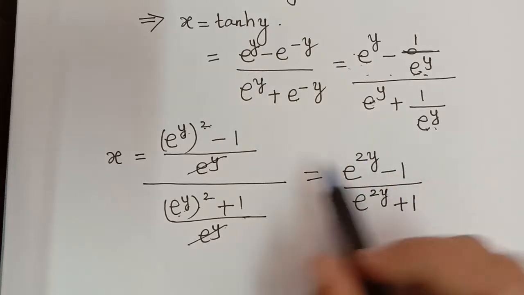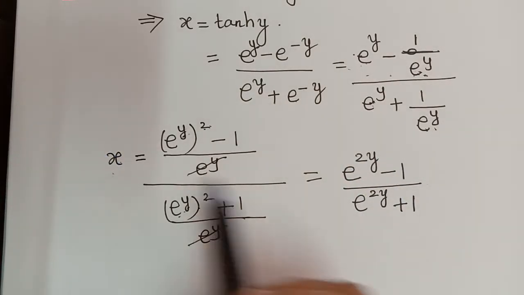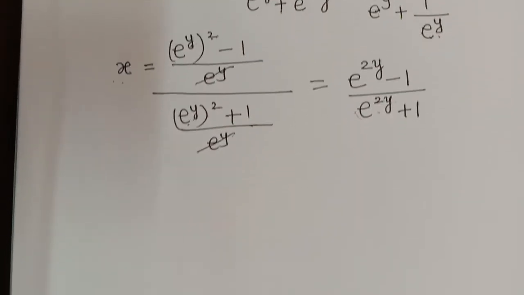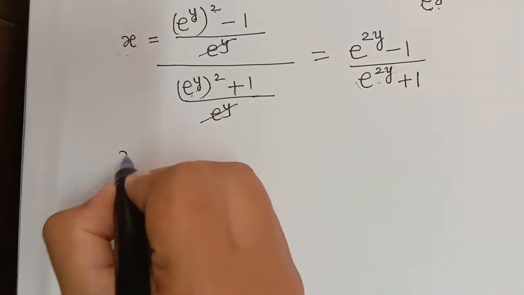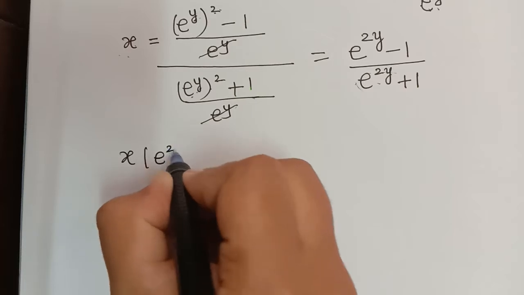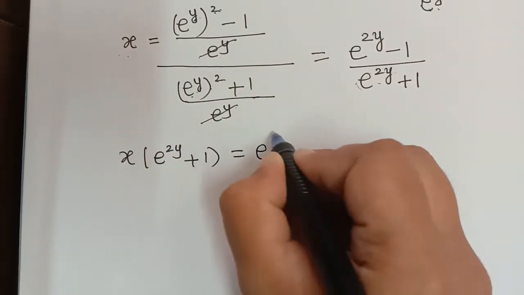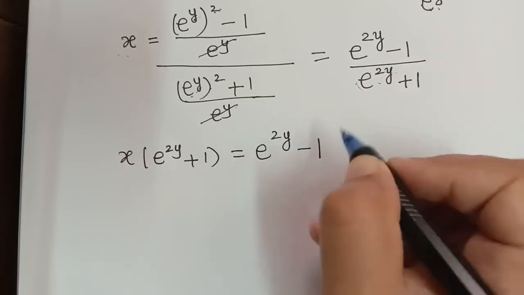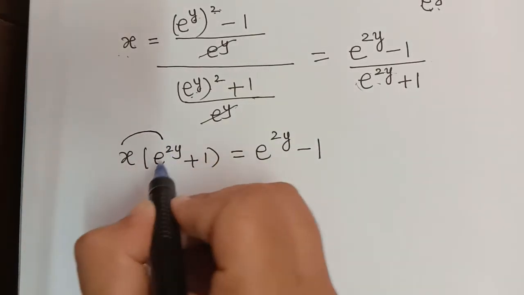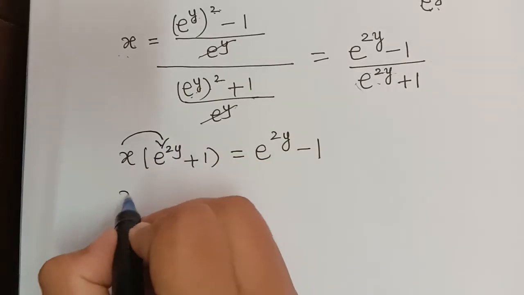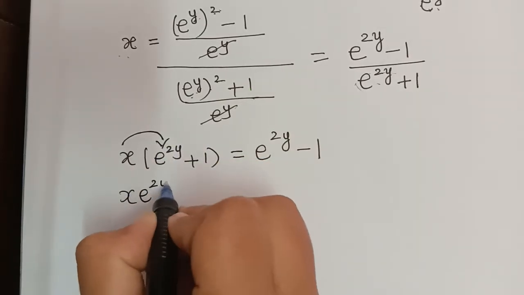So now actually what is this? This is x. So we can cross multiply this denominator with x, and x gets multiplied with (e power 2y plus 1) to be equal to e power 2y minus 1. Now we shall multiply this x with e power 2y, so it will become x e power 2y.